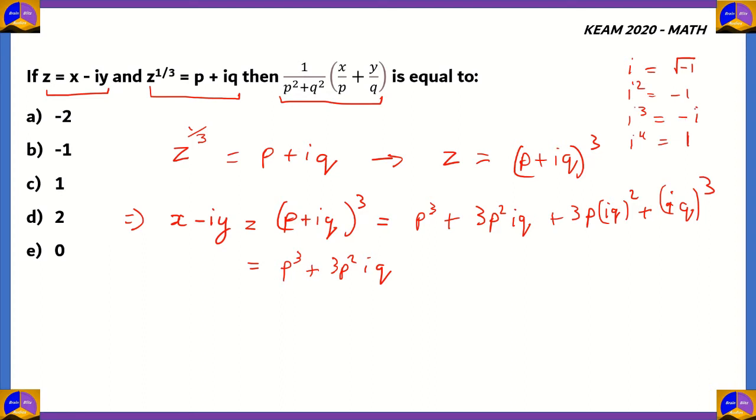This is what we have studied in complex numbers, the value of i in its various exponents. So 3p times i square q square means you get minus 1 times 3pq squared. And since we have i cubed in the last term, that will be minus i times q cubed.